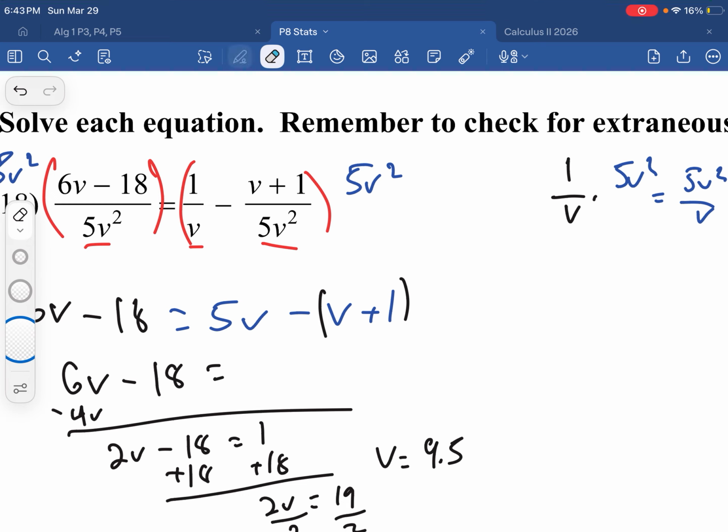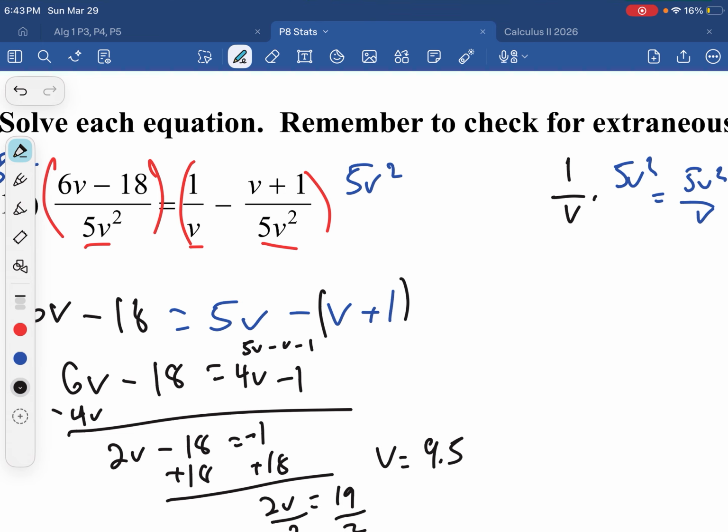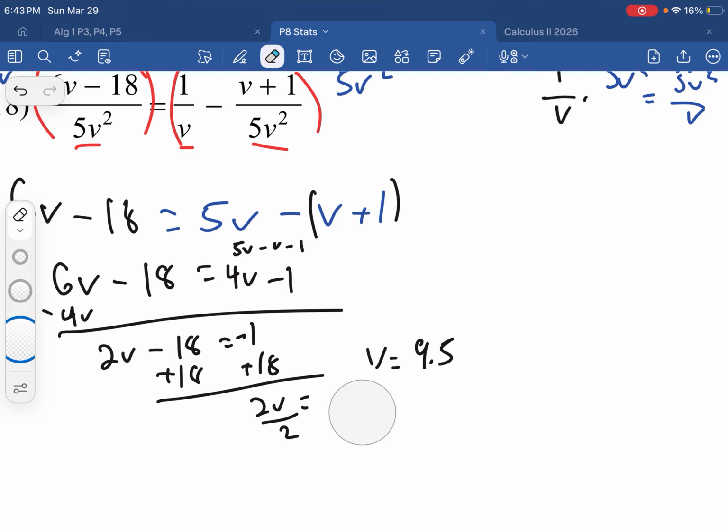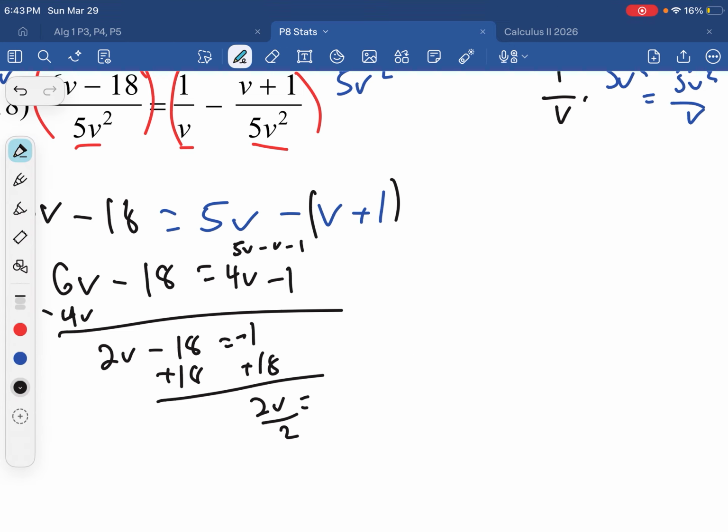It's still going to be 5v minus, but then this is going to be 5v minus 1. So I'd get 4v minus 1. This would be a negative 1. And that will turn this into not 19 and 9.5, but into 17. And 16 divided by 2 is 8, so this is going to be 8.5.